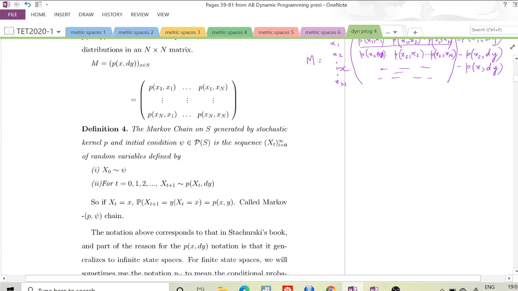It's P_xy, that is the number in the xth row and yth column. Right? So this Markov chain is called a (P, psi) Markov chain. Okay.